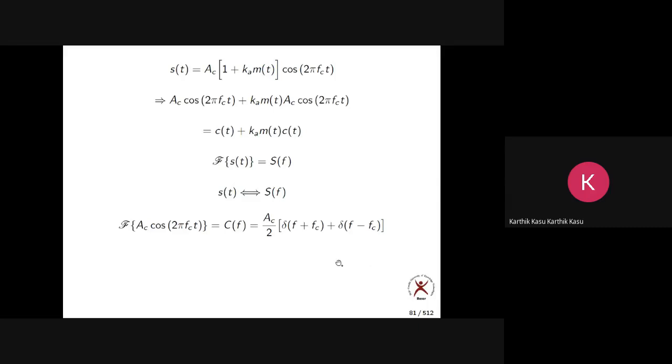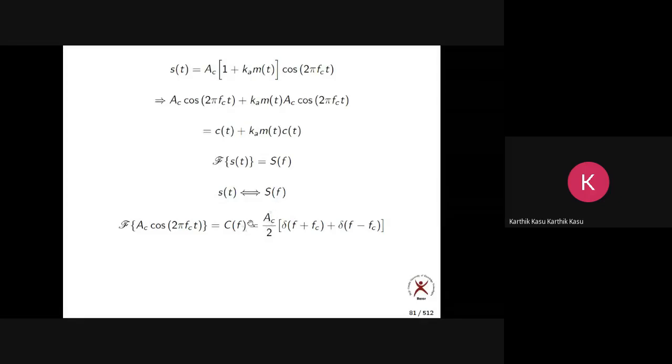Are you working with f or omega? If it is f, we don't have any problem.